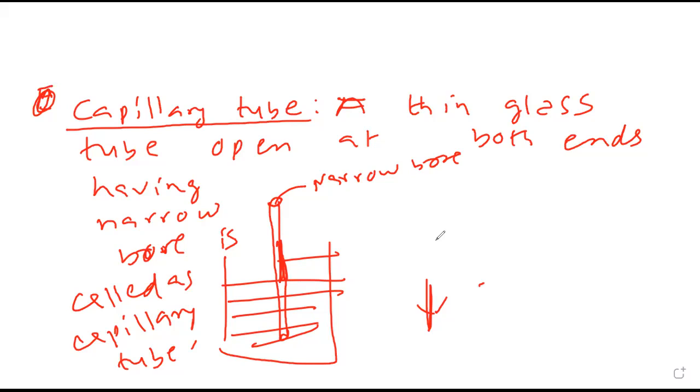Written, I think. Shall I clear it? Capillary action.